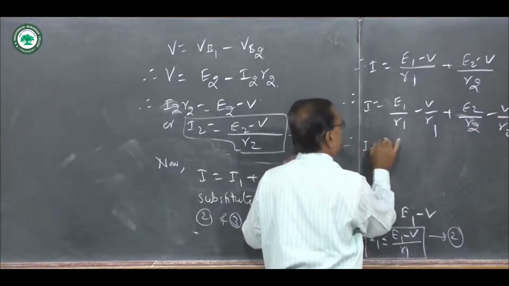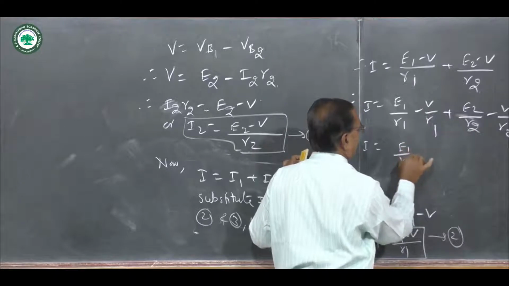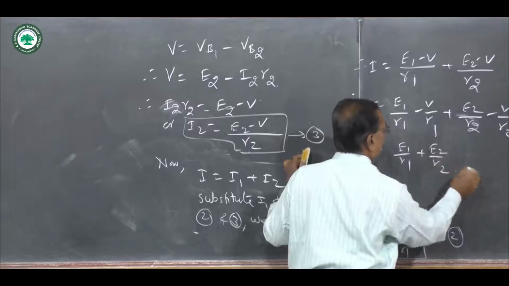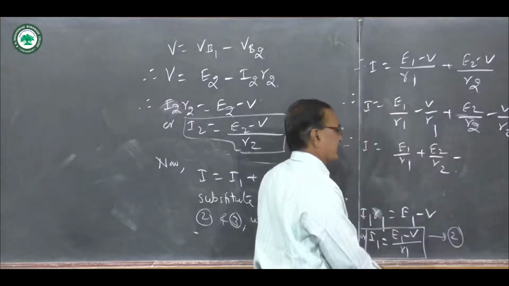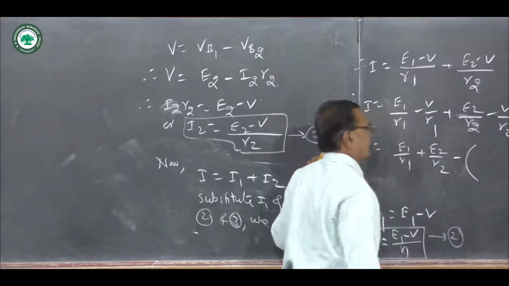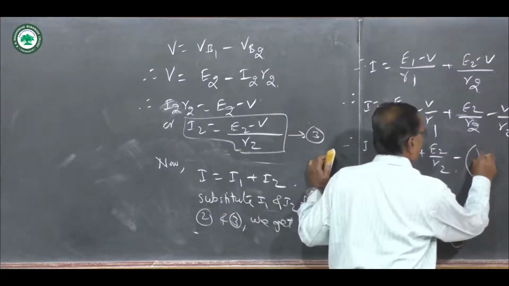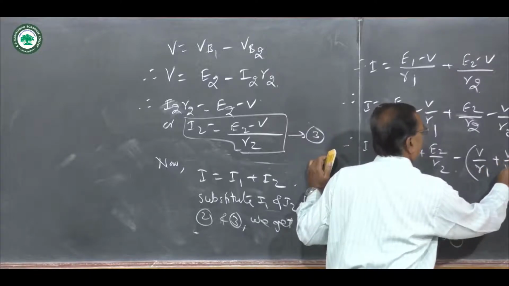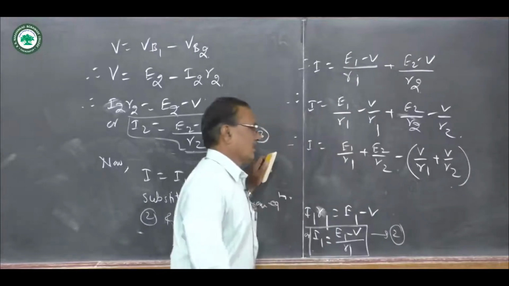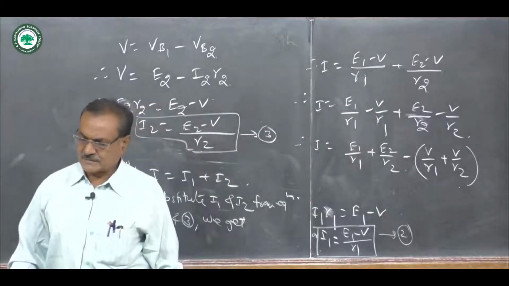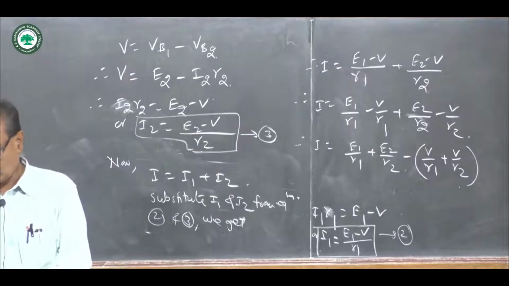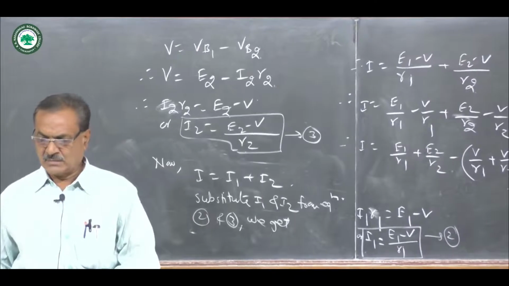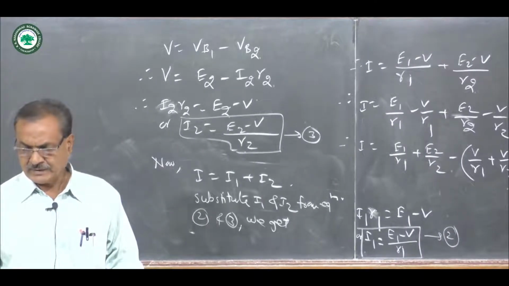So we can write E1 upon R1 plus E2 upon R2 minus V times the bracket of 1 upon R1 plus 1 upon R2, taking the negative sign and the potential V common.